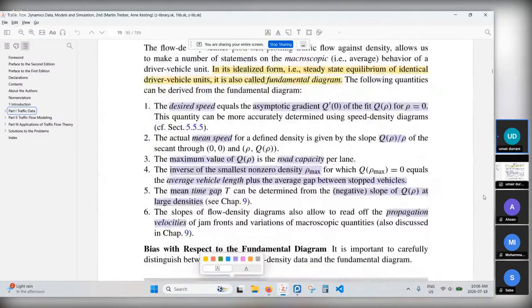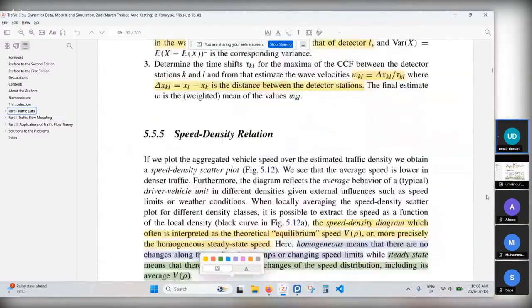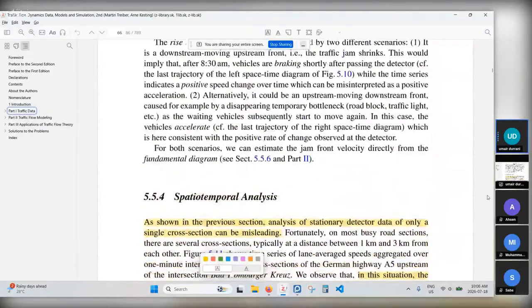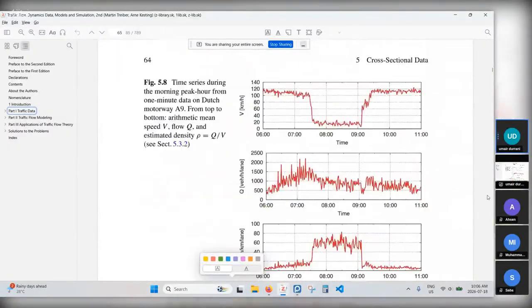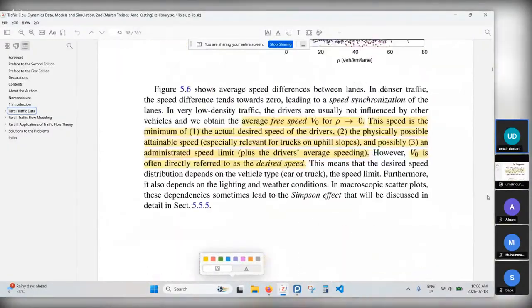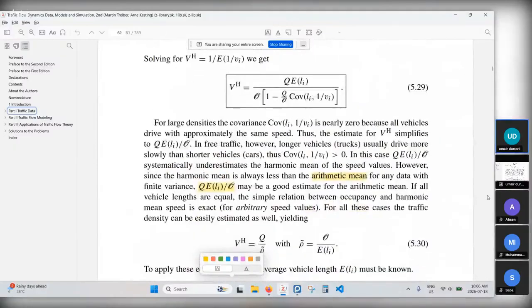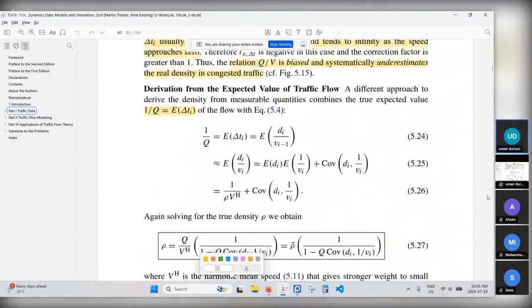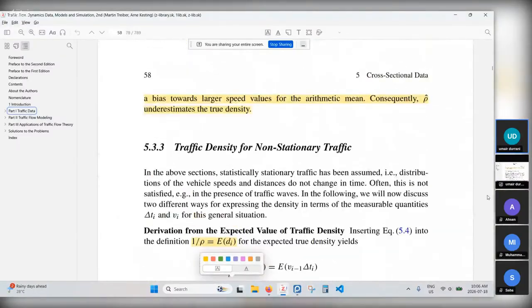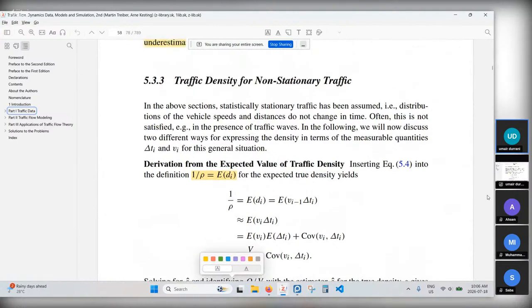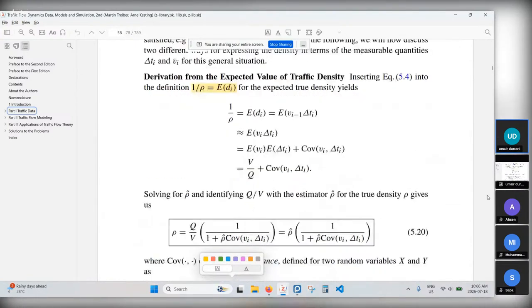So we have rho equals Q over V, and we also have an additional factor that would consider the non-stationary conditions. So let's see. So this is for the non-stationary conditions.